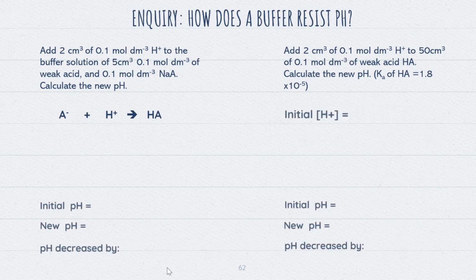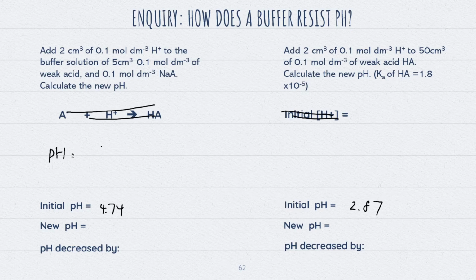Okay, moving on. Let's continue on solving the left hand side first. Now that we have figured out the new moles of the conjugate base as well as the weak acid, we can calculate the new pH using the buffer solution equation.